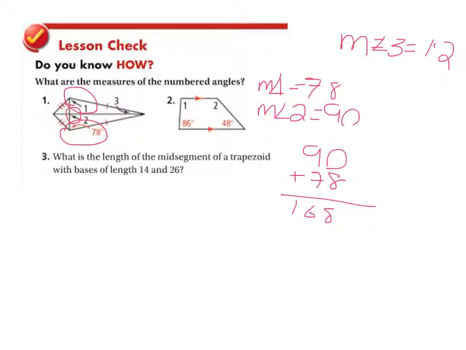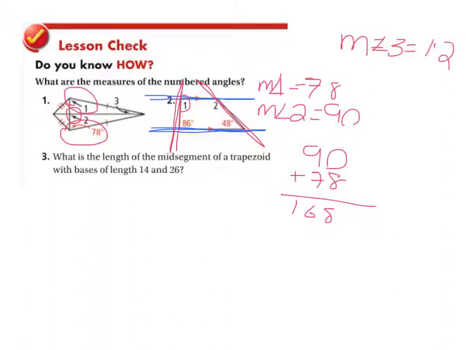Okay, let's go to 2. It says, what are the measures of the numbered angles? So we have 86 and 48. So now we need to know what is the measure of 1 and 2. All right, so what you want to think about is that these are parallel lines, okay? And so these are transversals. So if they're transversals, these are same side interiors.